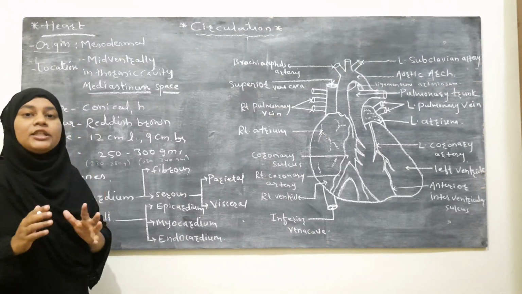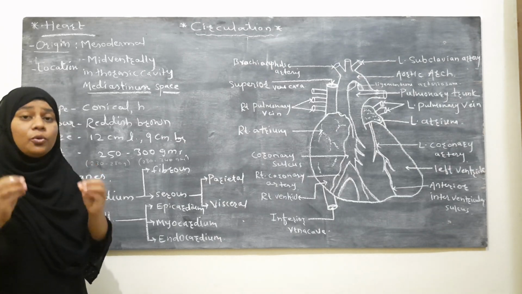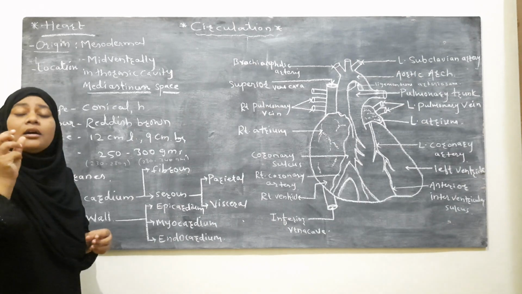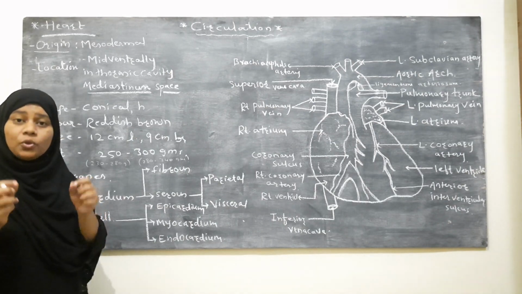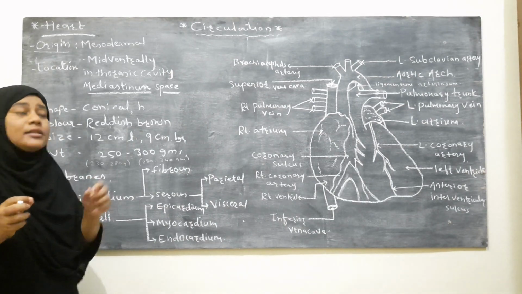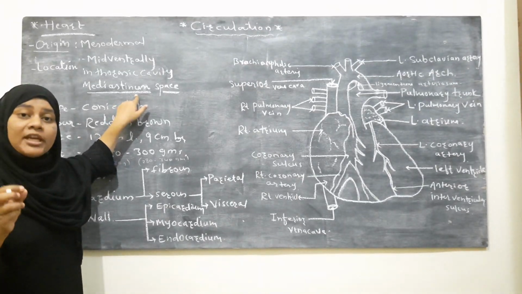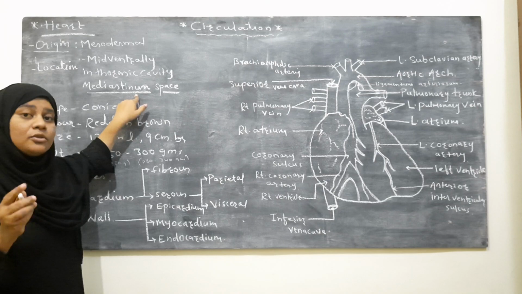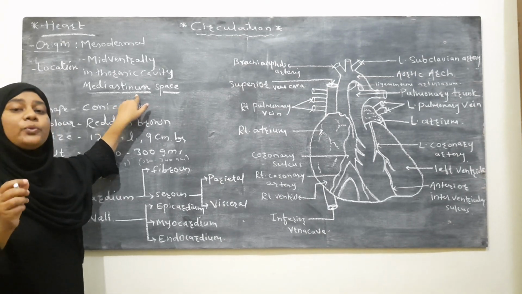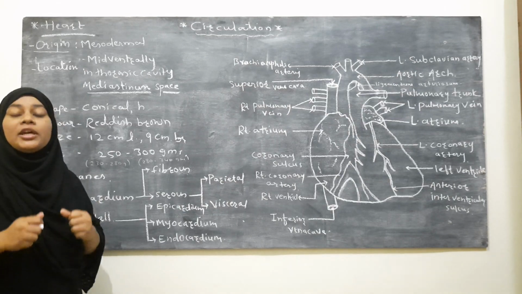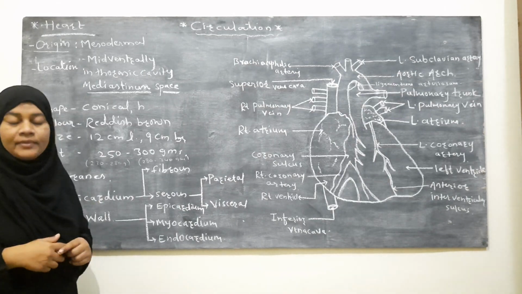The place where the heart is situated in between the two lungs is called the mediastinum. Mediastinum is a space present between the two lungs. That's why the location is mediastinum.